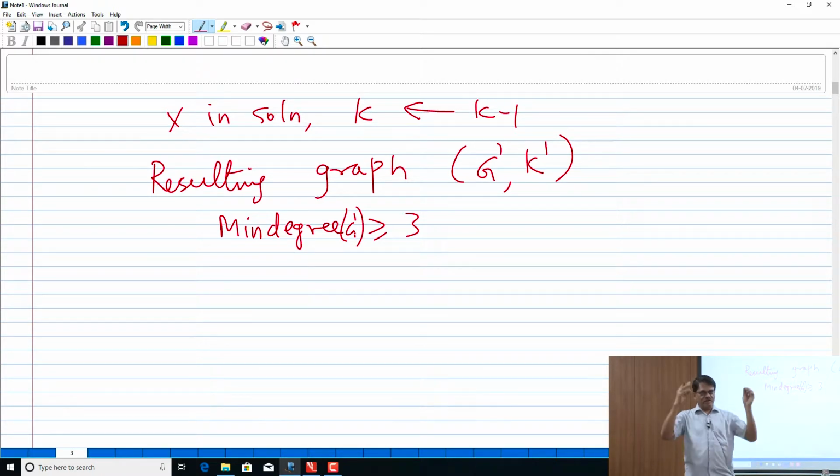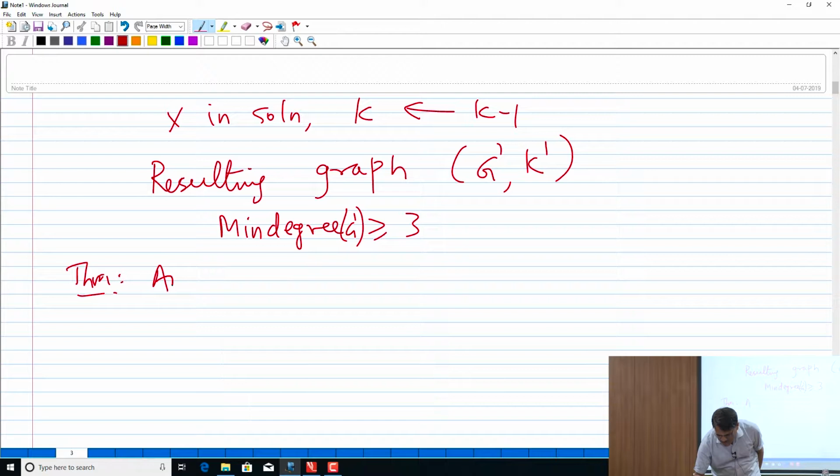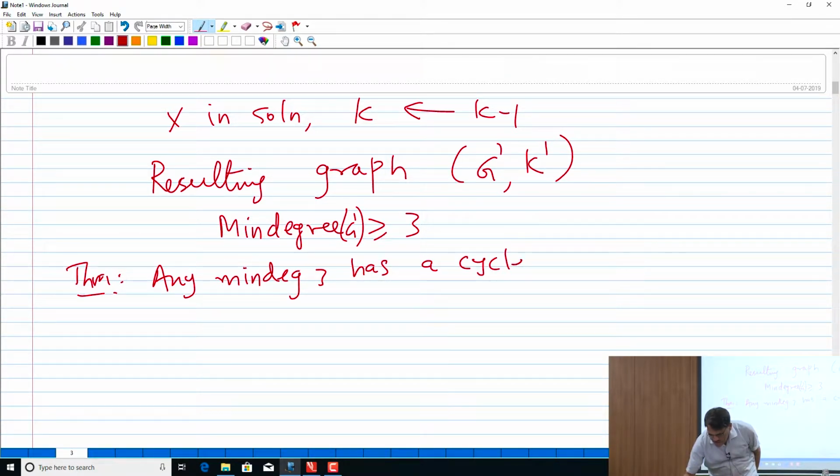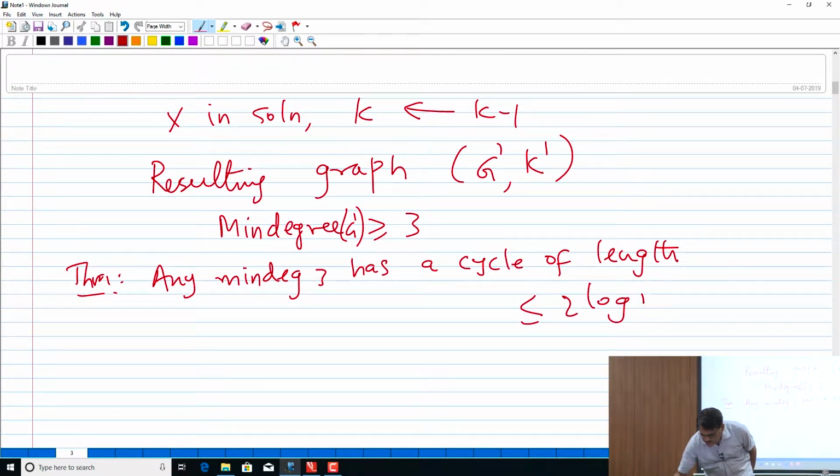So now you can pull out a nice theorem. It's called the Harary theorem, and it appears as a problem in your problem sheet. Any minimum degree 3 graph has a cycle of length at most 2 log n plus 1.